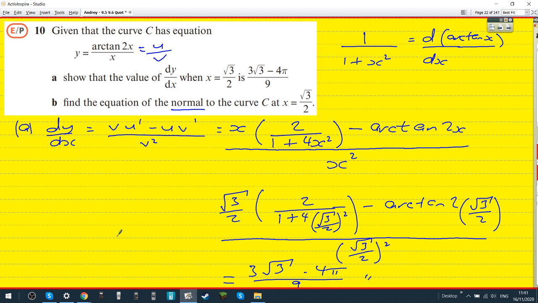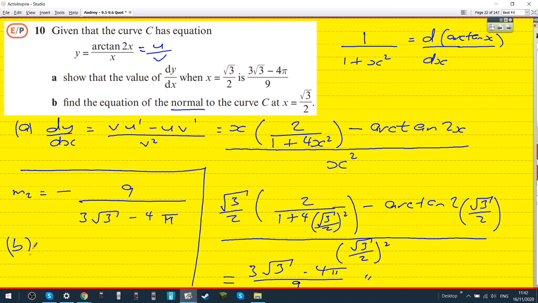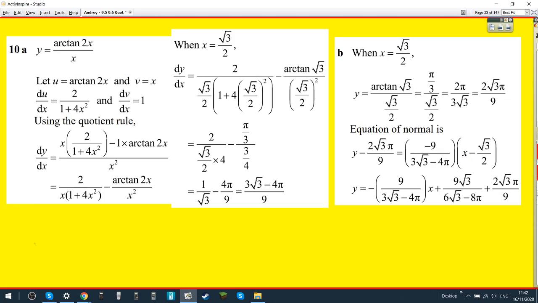How do you do 1 over a fraction? Do I flip it? And so I get minus 9 over 3 root 3 minus 4 pi. Yep, you can put the minus in lots of different places, but that would be it. And then you would solve for c. That's standard. There's a reason why you differentiate it, so that you can do that stuff.